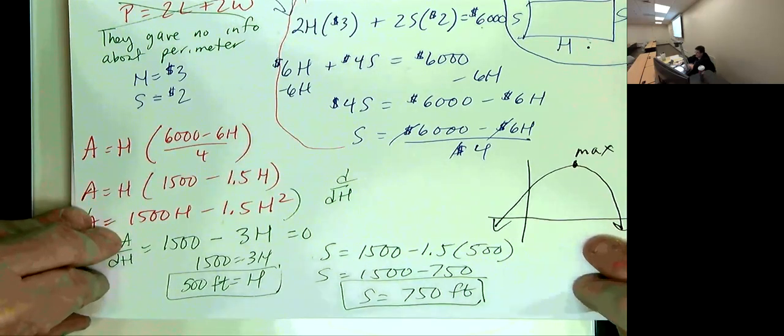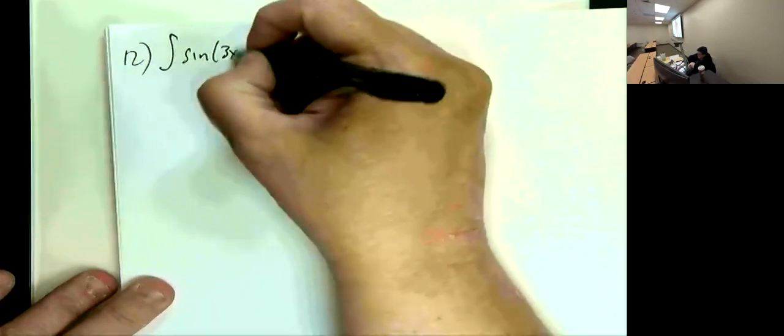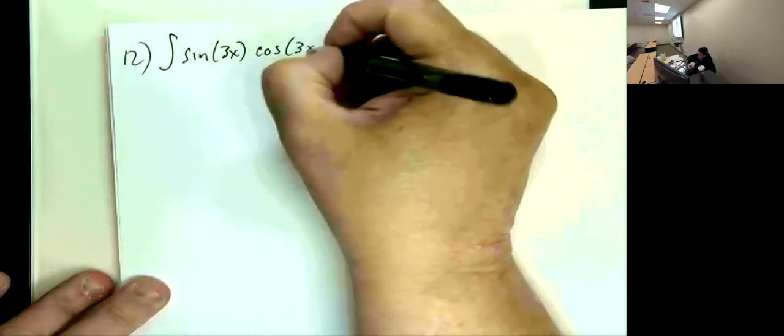You guys ready? Look at number 12. Number 12 is find the integral of sine of 3x, cosine of 3x, dx.